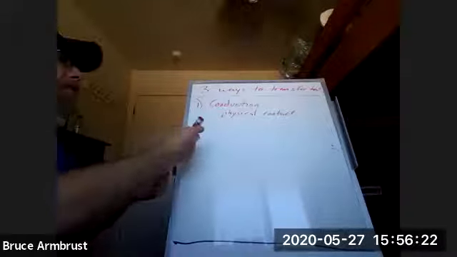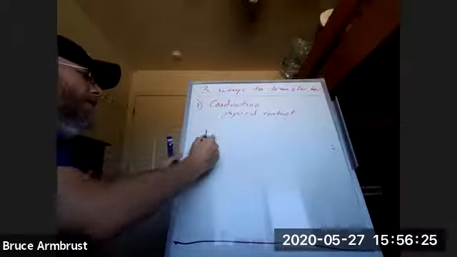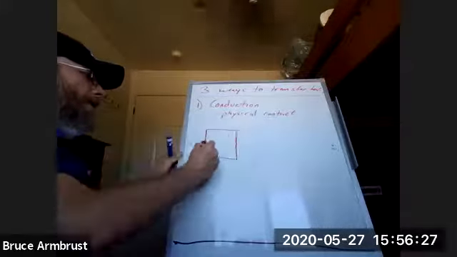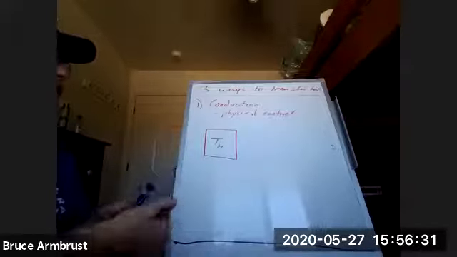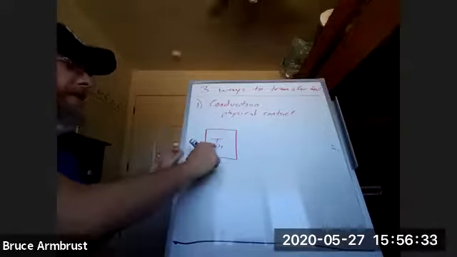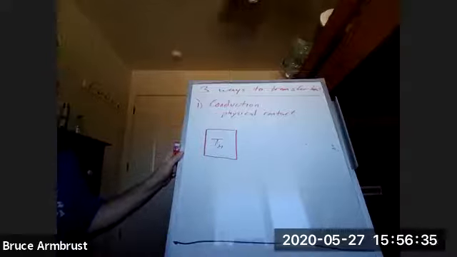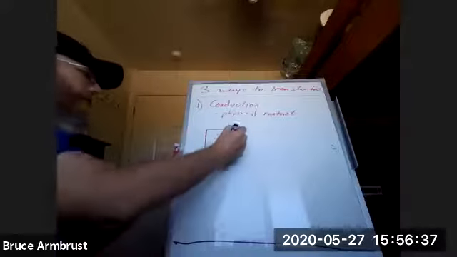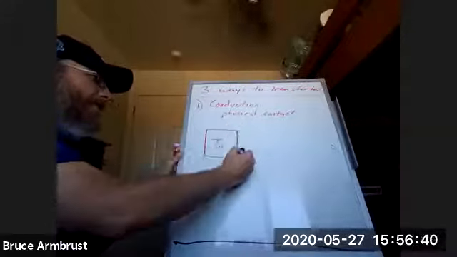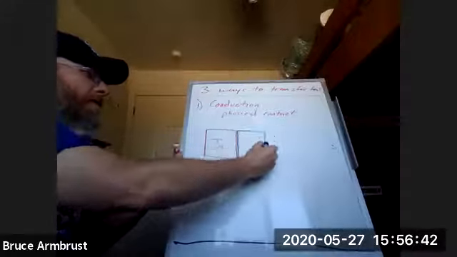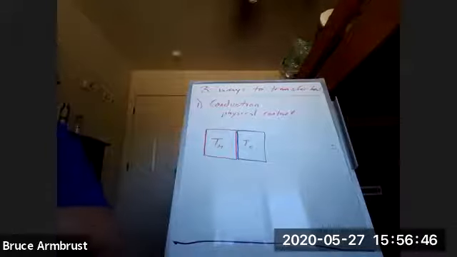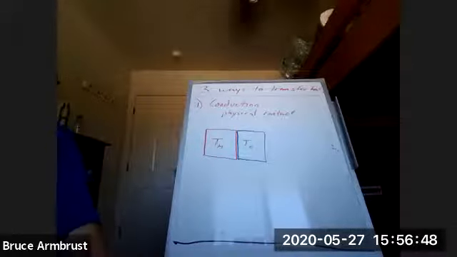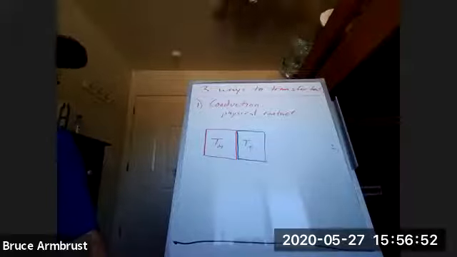Okay, so here's what's going on when we have conduction. I'm going to label my two objects with their temperatures. This red one is going to have T sub H, so that's going to be hot or high temperature. And then this blue one is going to be T sub C, so that's cold temperature.